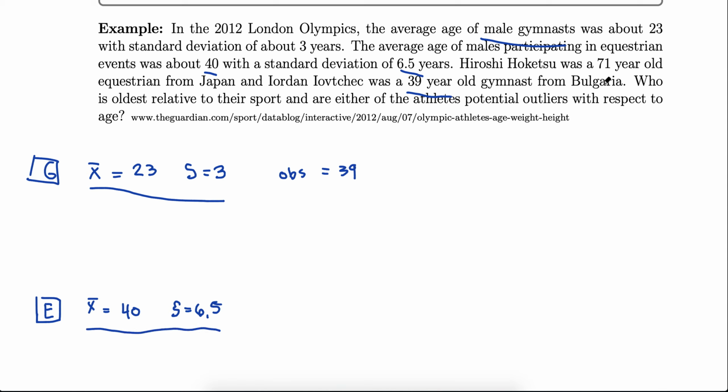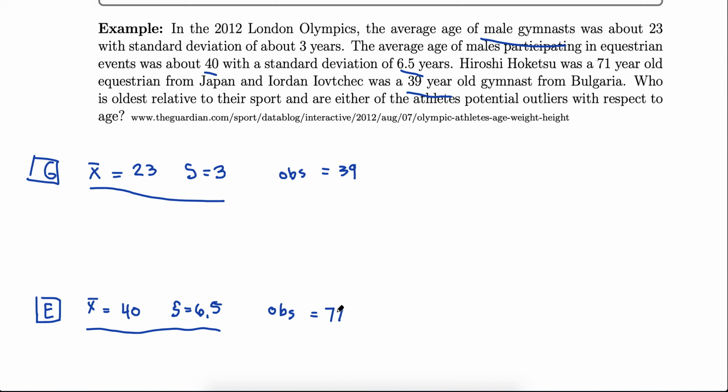And we have this observation. Hiroshi was 71 years old competing in the Olympics. That is pretty cool if you ask me. So a 71-year-old competing in the Olympics for the equestrian events, a 39-year-old competing in the Olympics for the gymnastics events.